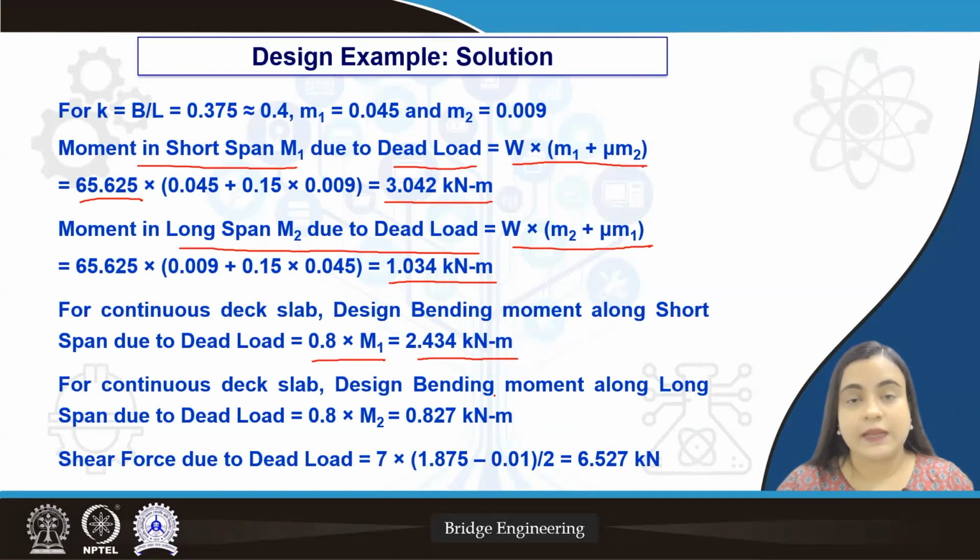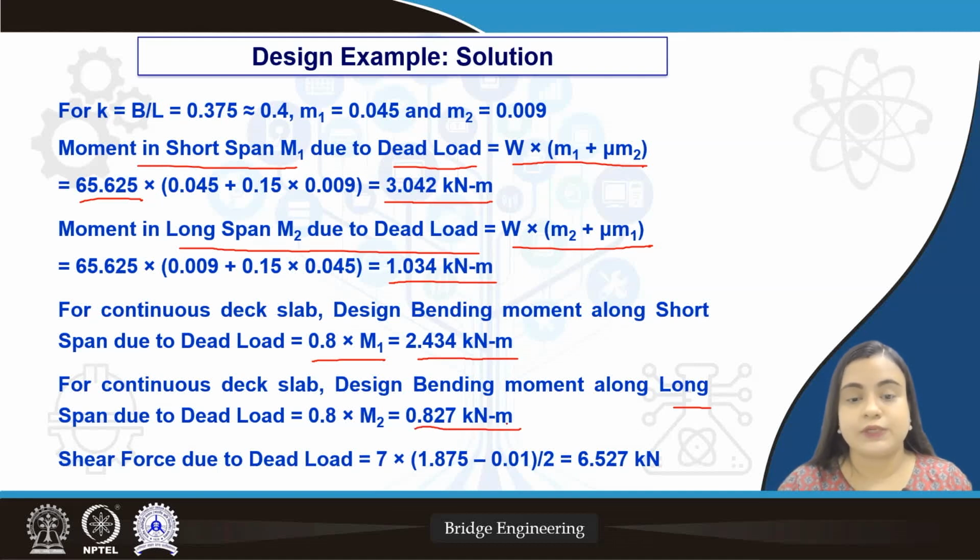Similarly, the design bending moment along the long span direction due to dead load will be equal to 0.8 times m2, that is 0.8 times 1.034 kilonewton meter, and that is equal to 0.827 kilonewton meter.